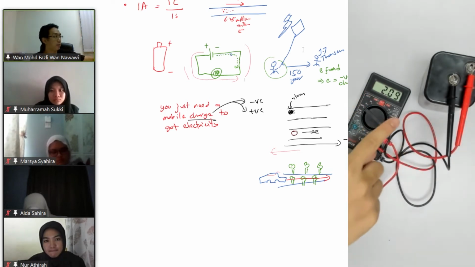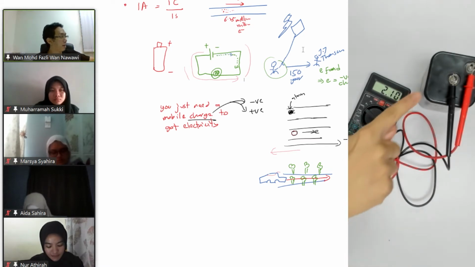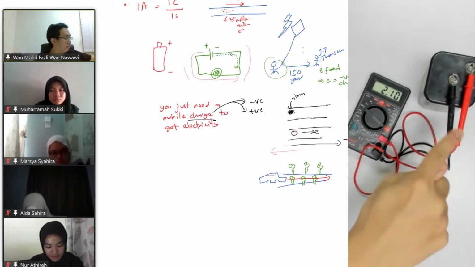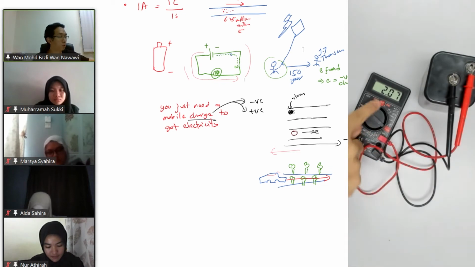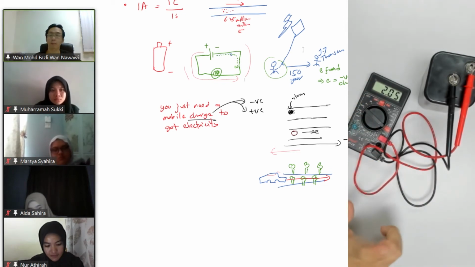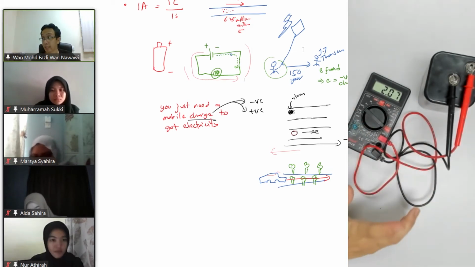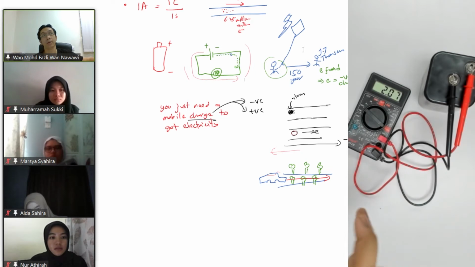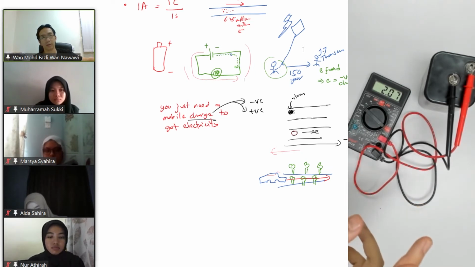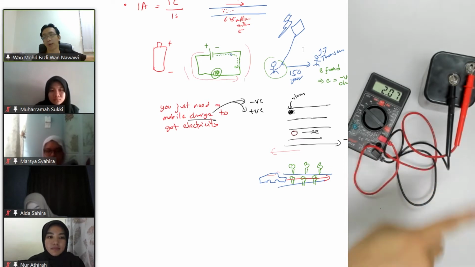So currently there is current moving through this wire with 2 ampere, meaning that every second there are 2 coulomb of charge, which is the electrons in this case, moving through this wire.